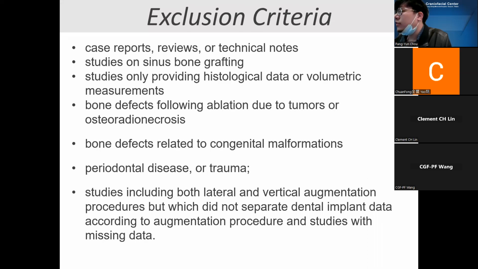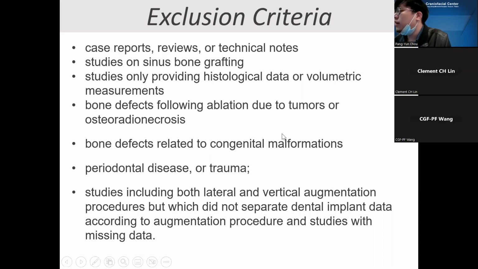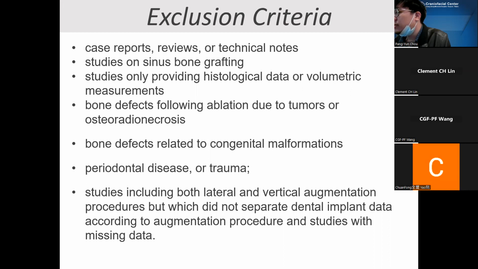And the exclusion criteria were case reports, reviews, studies on sinus bone grafting, studies only providing histological data, bone defects after tumor ablation or related to congenital malformations, periodontal disease or trauma, or studies including both lateral and vertical augmentation procedures but which did not separate the lateral and vertical parts.